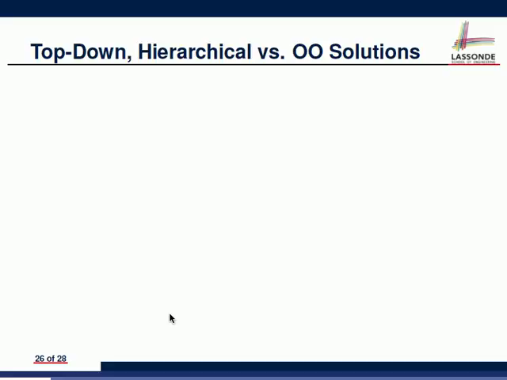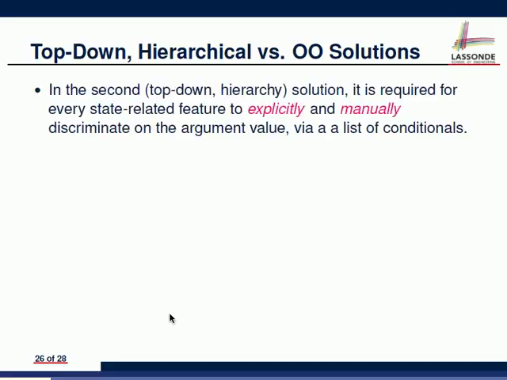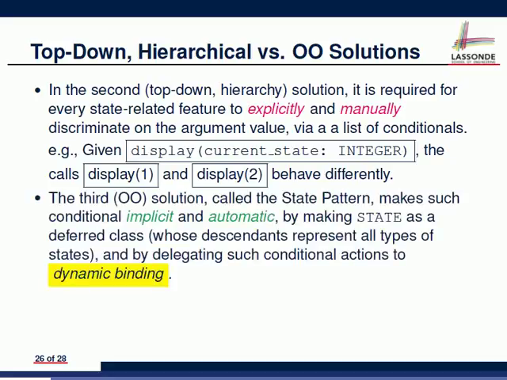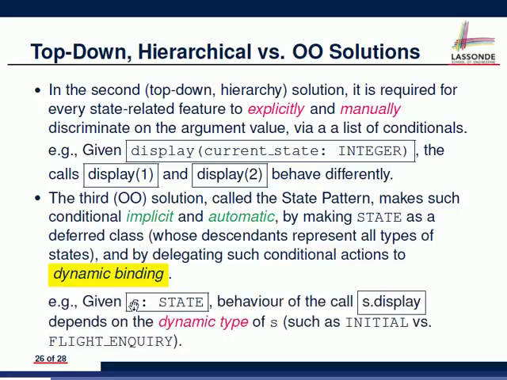Now let's go over this, and then we're done. In the second design, you have to explicitly put your discrimination using if then else, and if you're going to say display 1 or display 2, display will have to have different if then else statements to decide. On the other hand, in the third OO solution called the state pattern, we simply declare S to be of static type states, which in the architecture is the top class over there, which has a number of descending classes.